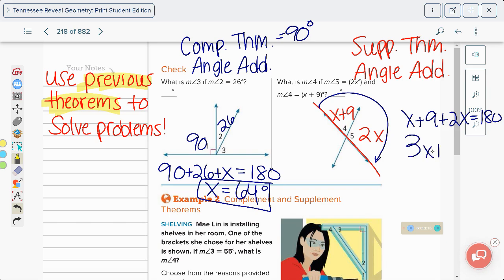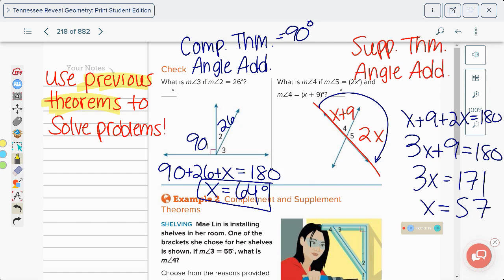So that's going to be 3x and 9 equals 180. If I take away 9 from both sides, that's going to be 3x equals 171. And x equals 57. Now they wanted us to find the measure of angle 4. So we just have to make sure to plug that 57 back in.